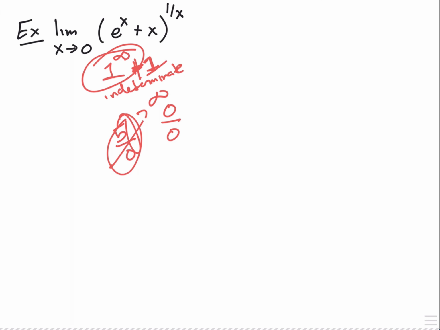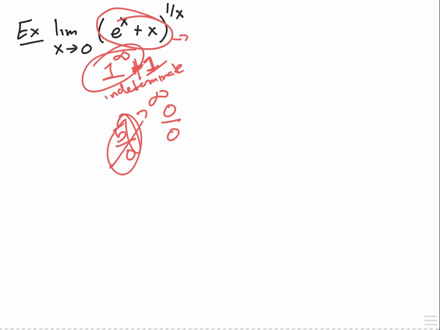What you have is this inside the parentheses approaching 1, and then as it's approaching 1, the exponent is approaching infinity. So those two things are interacting, so they're not just static. It's not just one number that you're multiplying by itself.